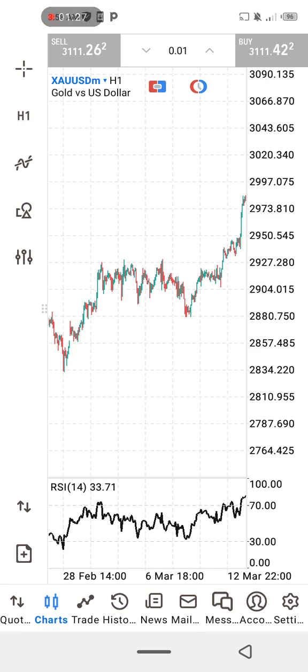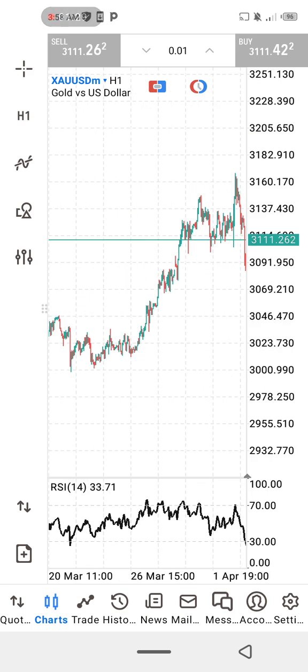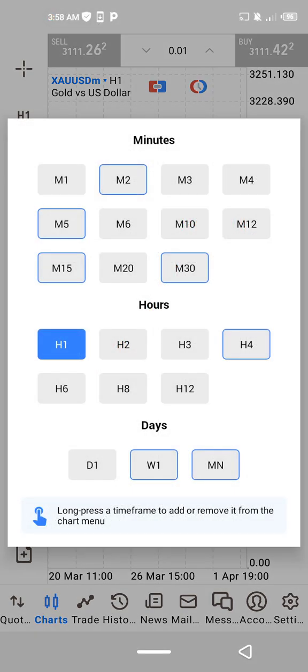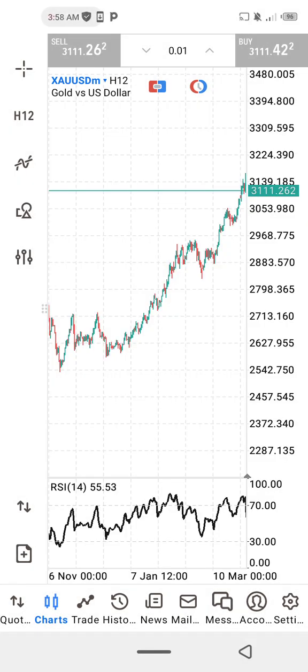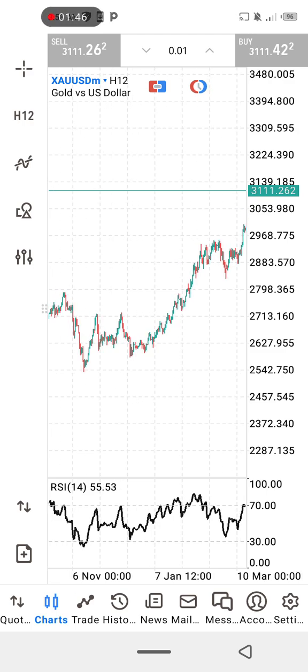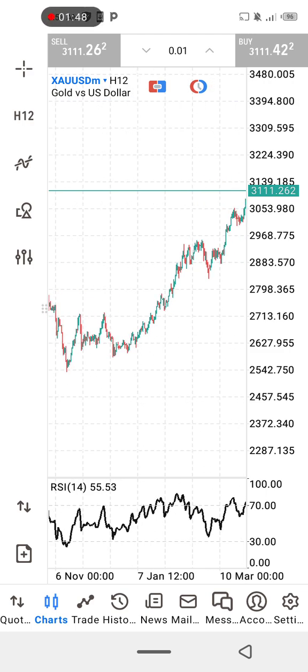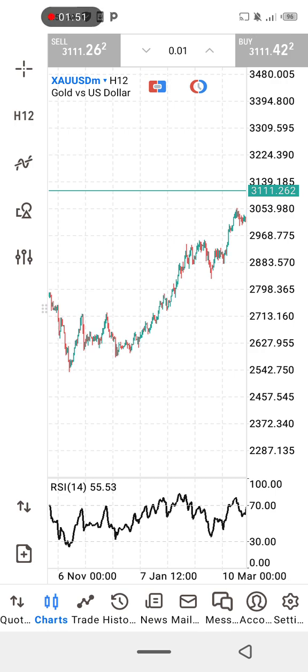So the strategy that I'm going to be teaching is known as support and resistance. On the gold USD, I'll be teaching the basic concept of support and resistance.